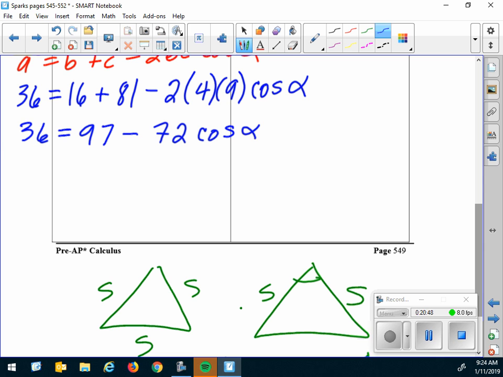And the reason I'm going to make it is to try to keep you from making it. Tell me what my mistake is. 25 cosine alpha. Those are not like terms. I cannot combine those because they are not like terms. Please don't do that. Somebody's going to do that.